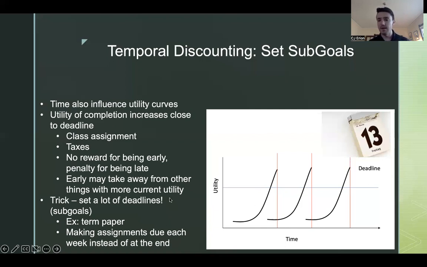So if you're writing a term paper, you could say, by this date, I want to have my research done. By the next date, I want to have the introduction done. Then the conclusions at a different date, things like that. So setting various deadlines to keep yourself on track, keep yourself feeling the value of each aspect as opposed to putting things off towards the very end.